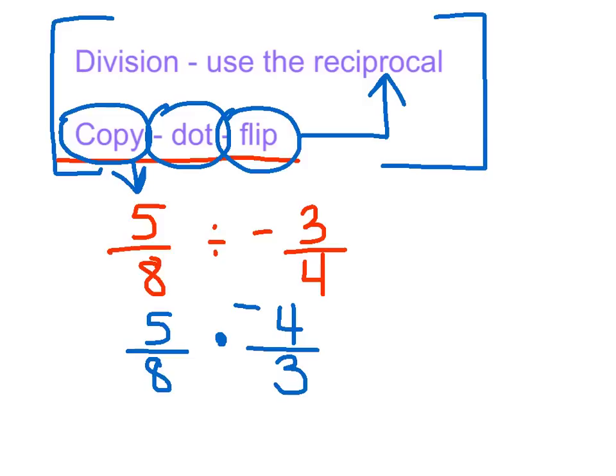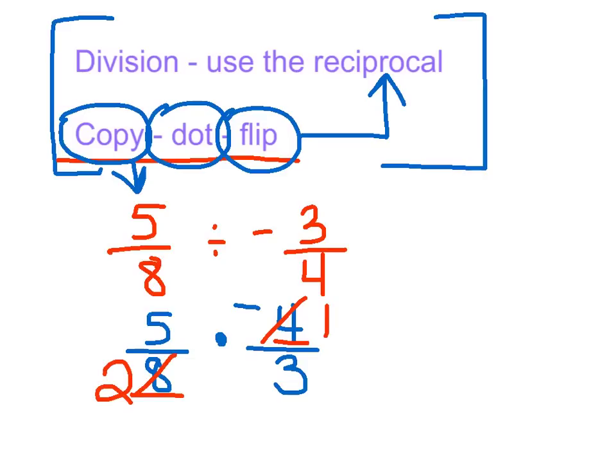Now I can go ahead and multiply through. But before I do so, I'm going to use my simplifying rules. Look at this. I've got the 4 and the 8. Both 4 and 8 can be divided by 4. 4 divided by 4 is 1, and 8 divided by 4 is 2.